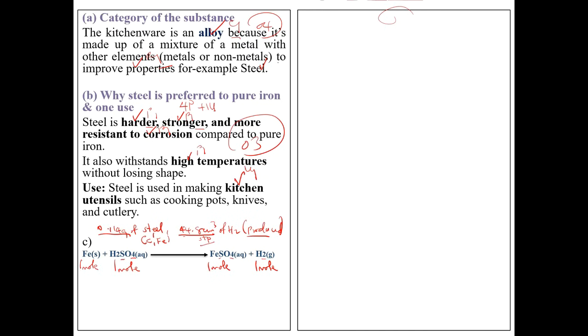Are you seeing that? So what we have is iron present in steel, but we don't know how much iron reacted, because this is the mass of the whole steel, but steel consists of iron. So you need to find out which mass of steel reacted to produce this volume of hydrogen. Then we can determine the percentage of steel.